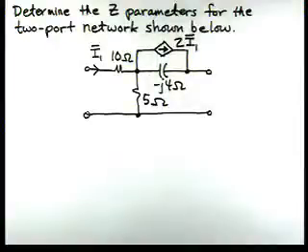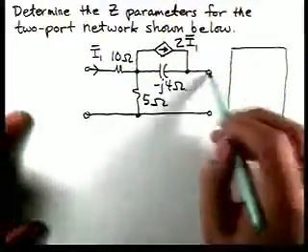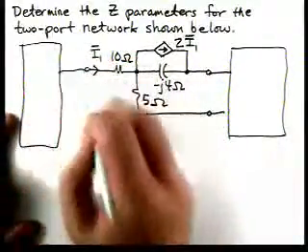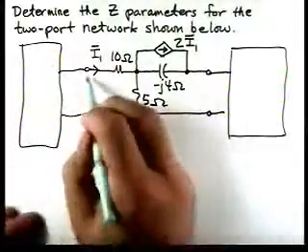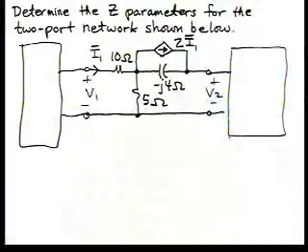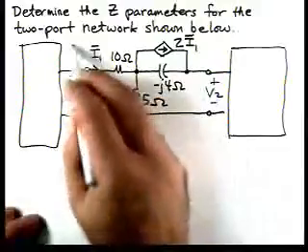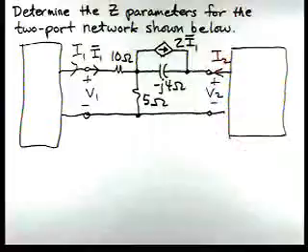In this problem, we're asked to determine the Z parameters for the two-port network shown below. So I'm going to start off by connecting a couple of boxes and labeling our port variables. Here we have V1, V2, and I1 and I2.